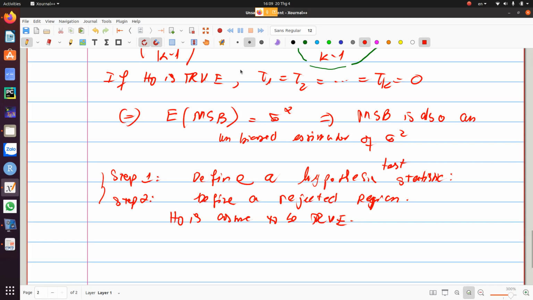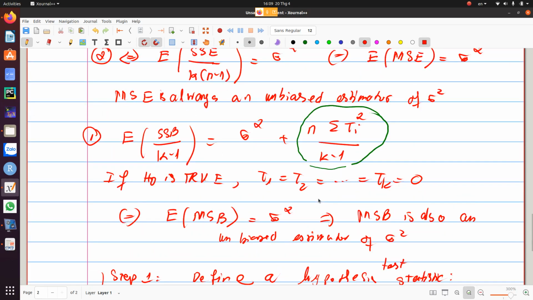We just know that in case H0 is true, both MSB and MSE are unbiased estimators of sigma square. They are two estimators of the same parameter, sigma square. Now we want to answer the question, when will we reject H0 and when won't we reject H0. When should we reject H0?